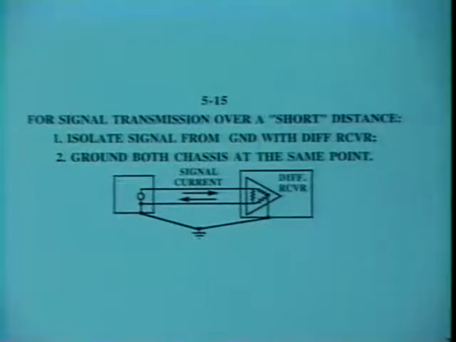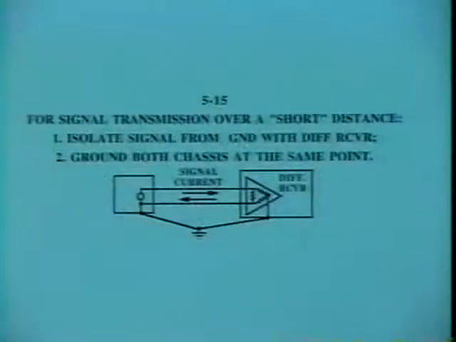One is relatively short distance, like 20 or 30 feet, to go across the room, say, and another might be signal transmission over several hundred or several thousand feet of distance, or maybe even, worst case, between buildings. How should we handle the signal interface in these two extreme cases? One is a relatively short distance, where the common mode voltage, that is the ground voltage difference, might be only 10 or 15 volts.